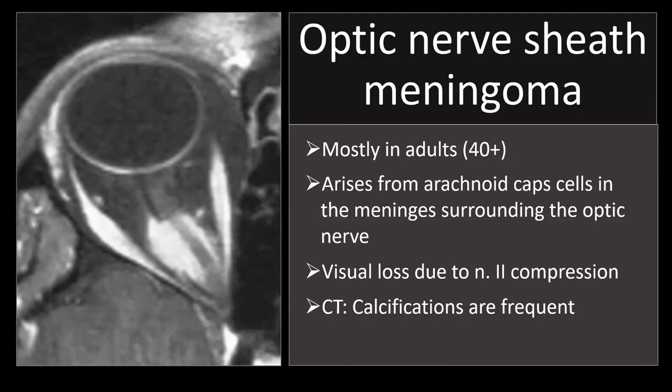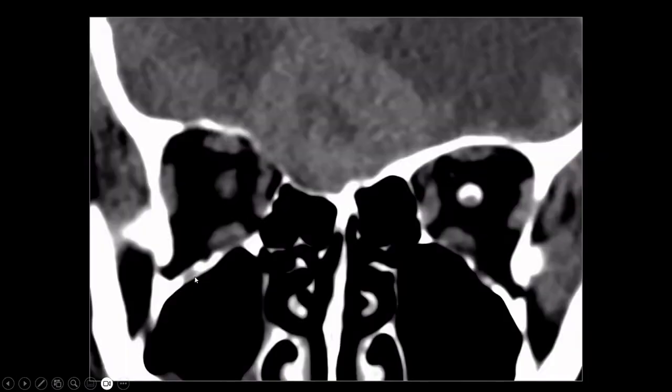Concerning imaging, calcifications are often present on CT images. So if you see calcifications surrounding the optic nerve on a CT, that is very suspicious for the presence of an optic nerve meningioma. And on MRI, you can often see the typical tram track sign of optic nerve sheath enhancement along the optic nerve.